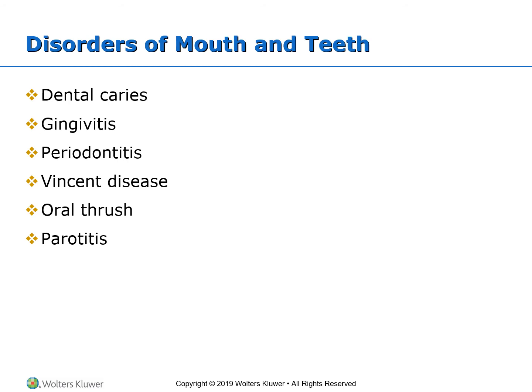Disorders of the mouth and the teeth. We'll start with the dental caries, or tooth decay. They are a result of a combination of factors: diet associated with heredity, a certain type of structure of the enamel, mechanical problems in terms of how that person bites and chews, and also endocrine disorders.